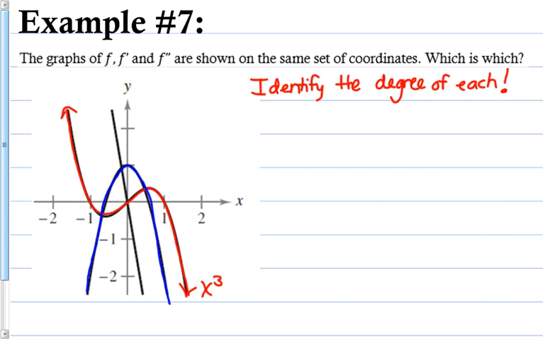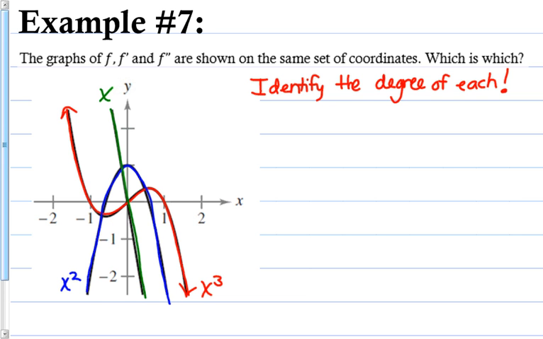The blue one, that is x squared. And then finally, the straight line, this right here, this is just plain old x. You know, it's x minus 2. Well, actually, it's negative, so it's probably negative x plus 5 or something like that.